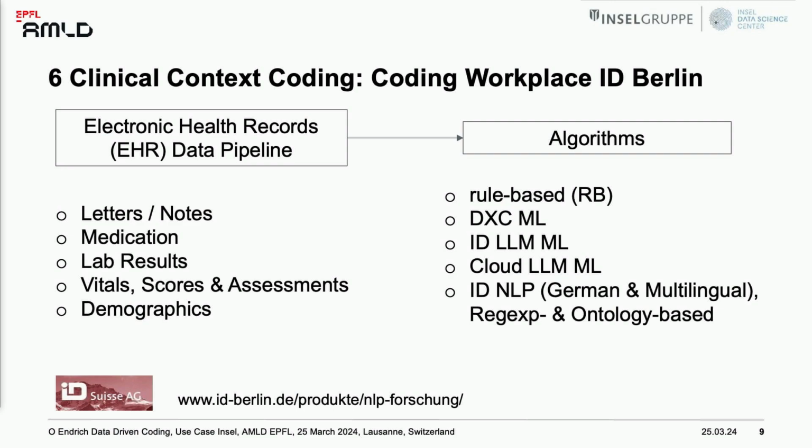So not only raw lab results, but also taking into account that we have a very complex context, using letters and notes, medication, lab results, vitals, course and assessments, demographics, of course, to put all this information in context. The algorithms we are using for coding are multiple. We use rule-based algorithms, but we also use LLM models, our own development, but also cloud LLMs.